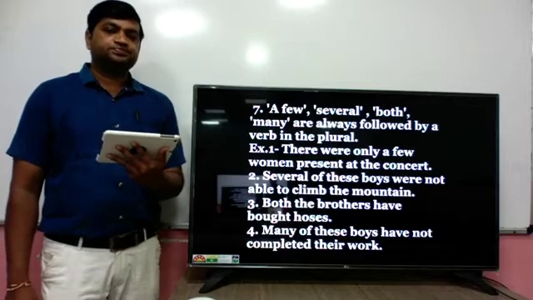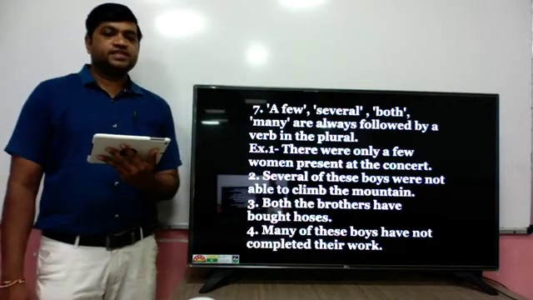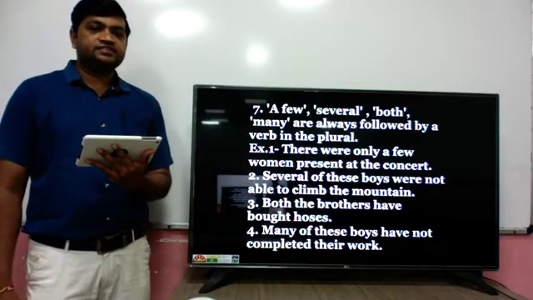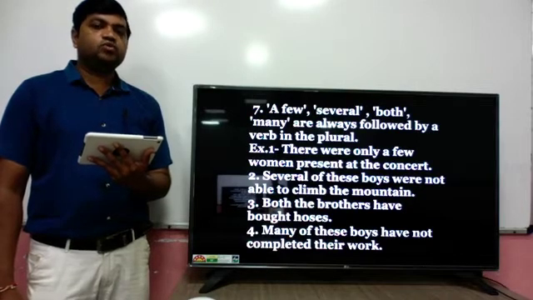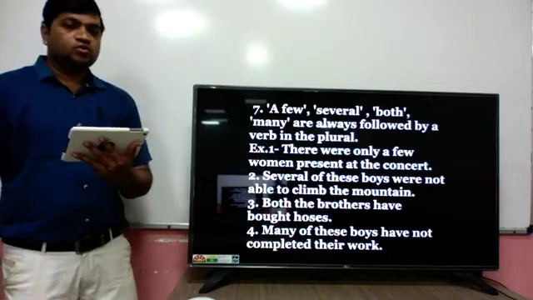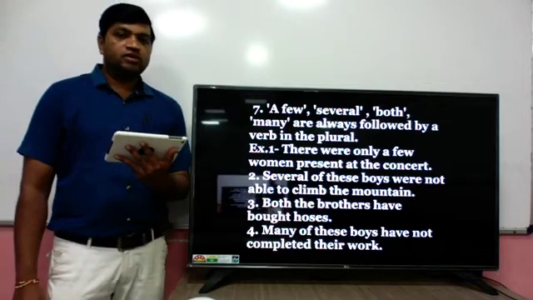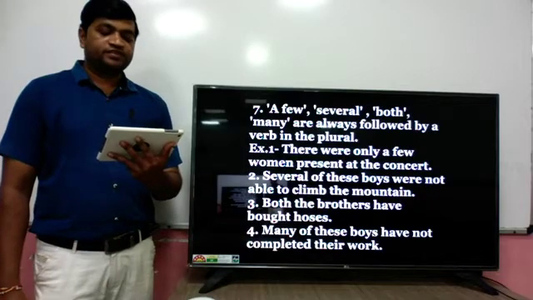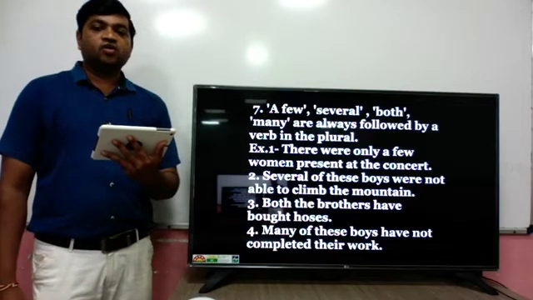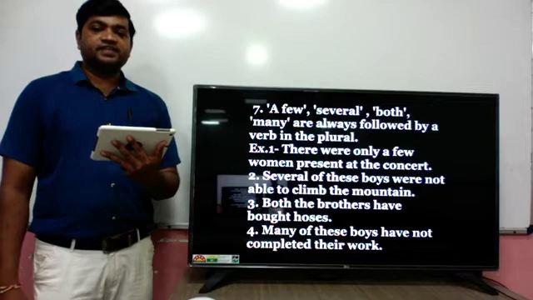Now next, seventh rule: a few, several, both, many are always followed by a verb in the plural. Whenever such determiners are there in a sentence, a few, several, both, many, they refer only to a plural noun, so the verb must be plural. For example, there were only a few women present at the concert.